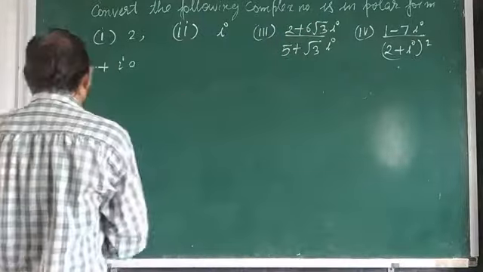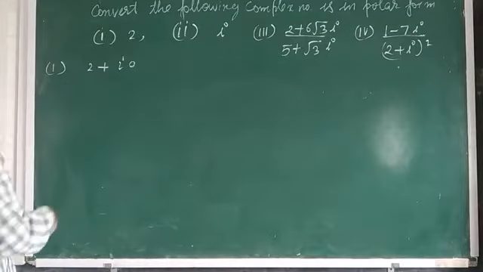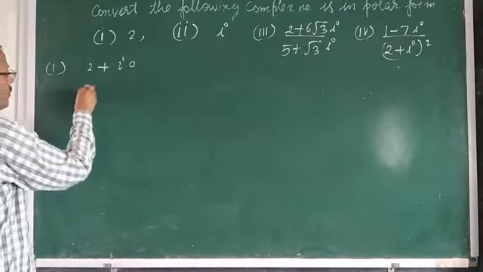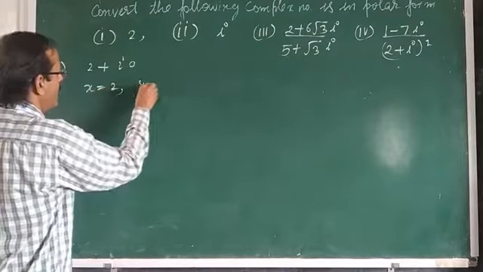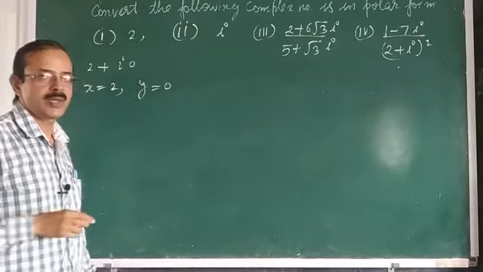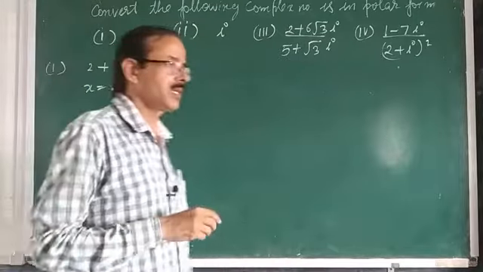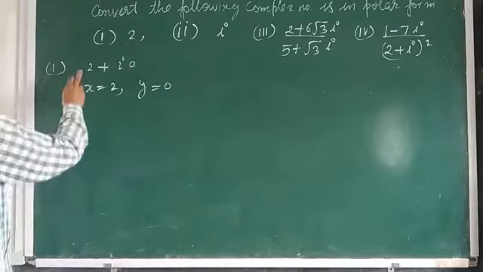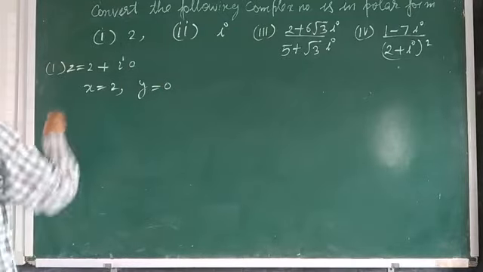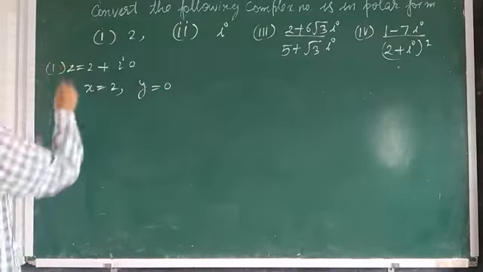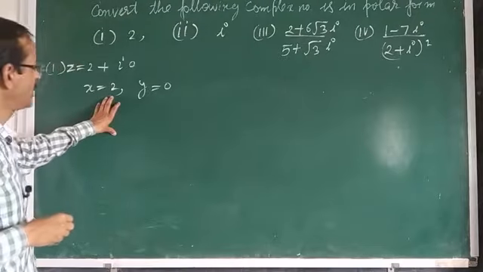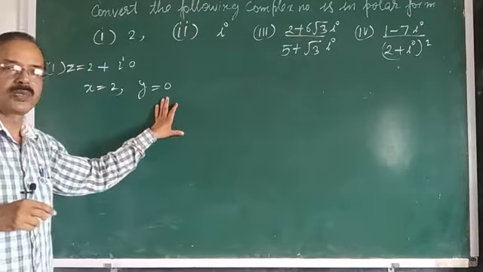If we talk here about this, x equal to 2 and y equal to 0. If we compare z is equal to x plus iota y, we will find that x is equal to 2 and y is equal to 0.